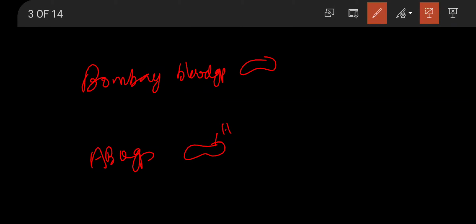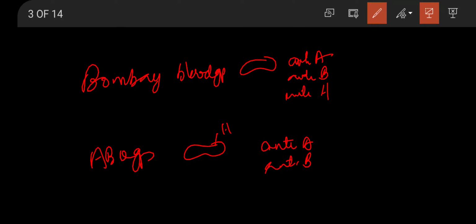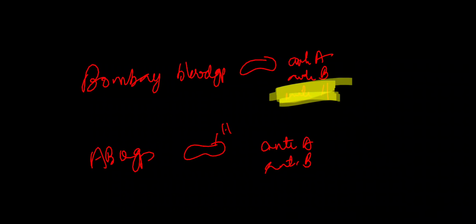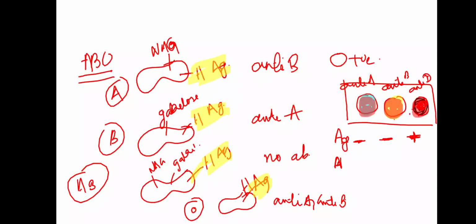Since you have H antigen in ABO, the antibodies are like anti-A, anti-B. But in Bombay blood grouping you have anti-A, anti-B and anti-H. This is the key point, anti-H. So anti-H is the important thing that you should remember.